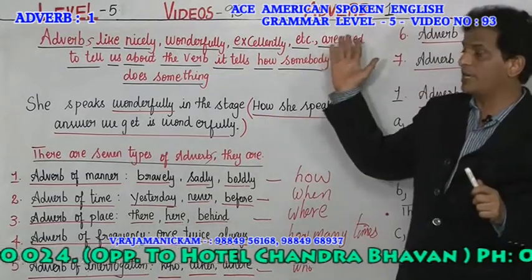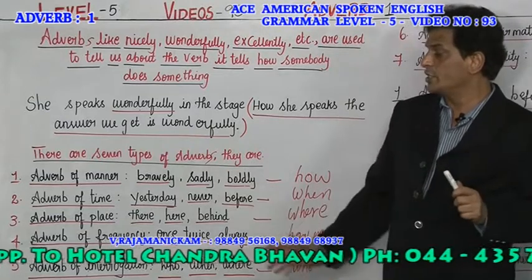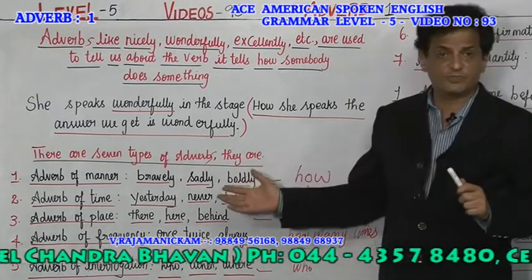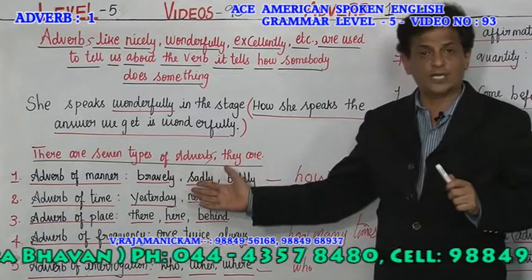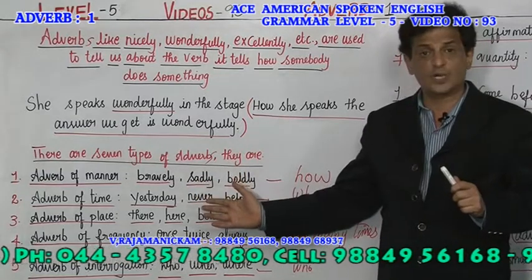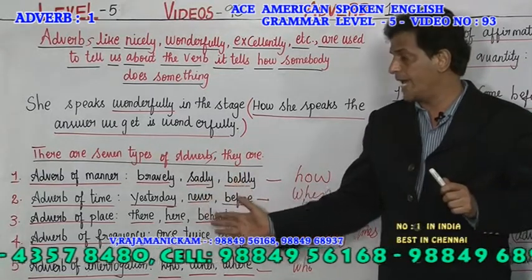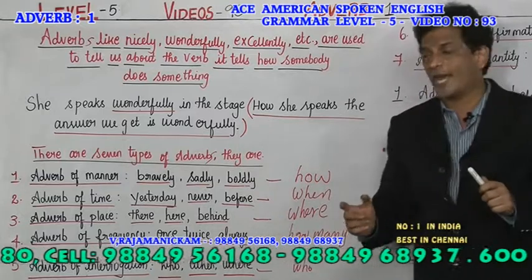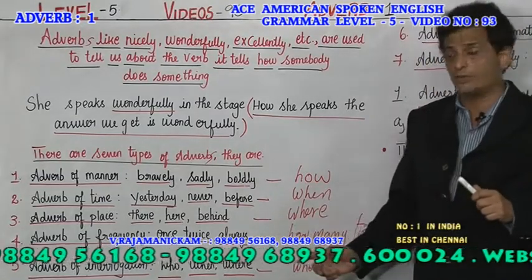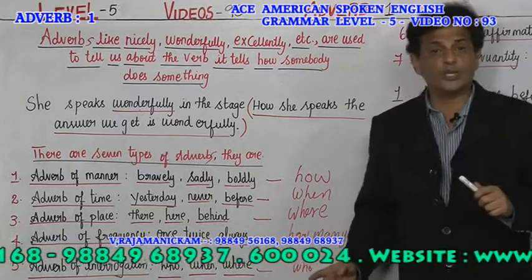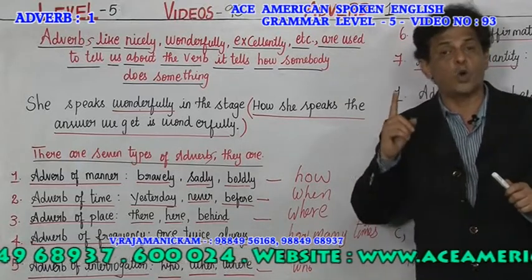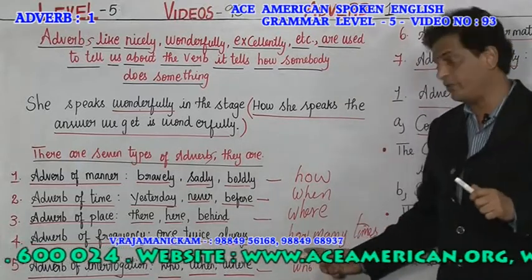We have seen nearly 7 types of adverb. Adverb of manner, when you ask the question how. Adverb of time, when you ask the question when to the verb. Adverb of place, you ask the question where to the verb. The answer you get is called adverb of place. Adverb of frequency, you ask the question to the verb how often. The answer you get is called adverb of frequency.